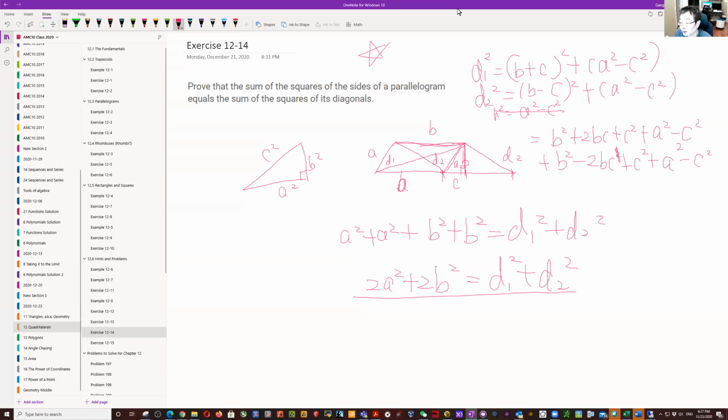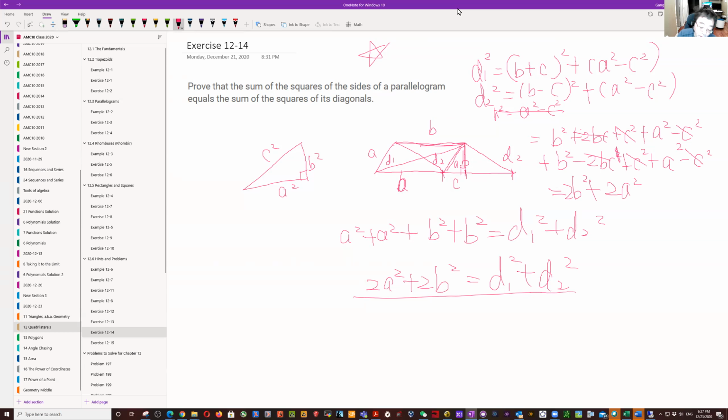So in each line, C square got canceled out. And across those two lines, 2BC got canceled out. It's actually equal to 2B square plus 2A square.